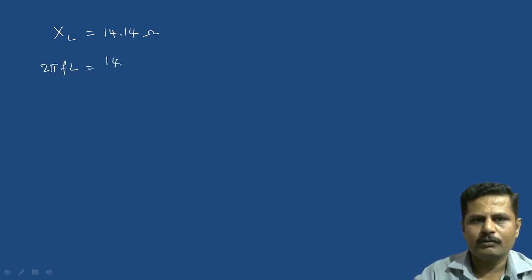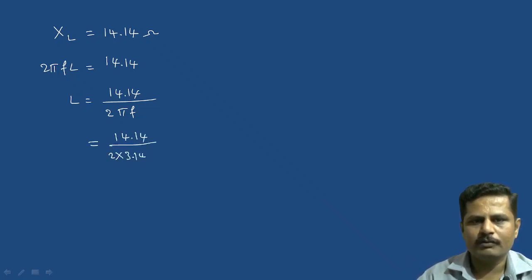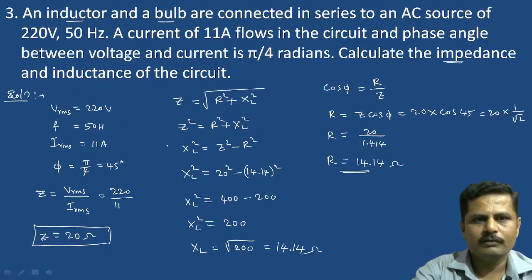So L equals 14.14 divided by 2 pi F. Now on substituting the values, 2 into pi value 3.142 into F. Here we have F equals 50 hertz.